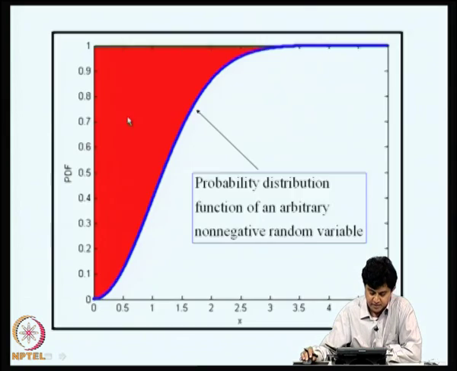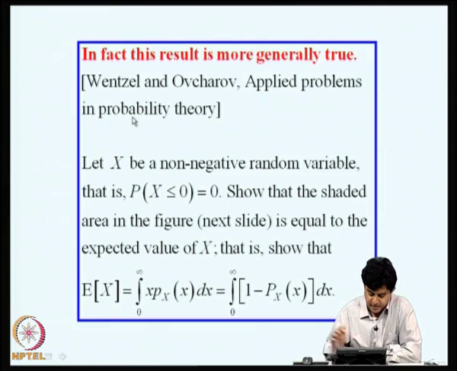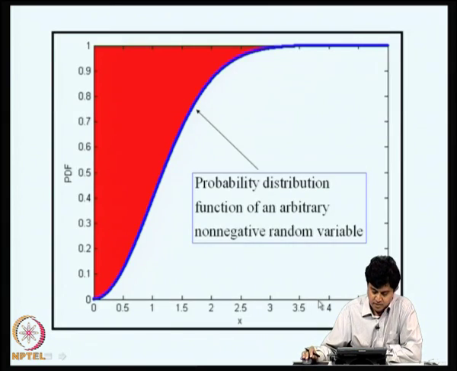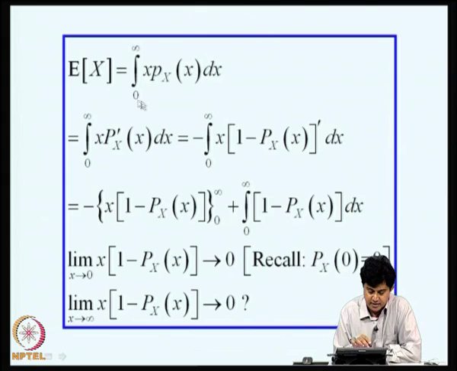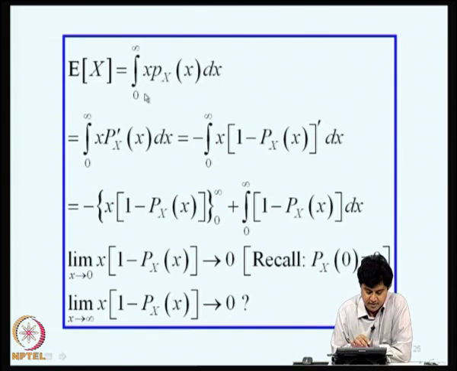So, how do we show that? What we need to show is that the expected value of x is the integral from 0 to infinity of x times the probability density function dx. This is the definition of expected value, but it turns out that this integral is also equal to the integral from 0 to infinity of 1 minus Px of x dx. So, how do we show that? You consider the expected value of x as x px of x dx, and px of x is the derivative of the probability distribution function.